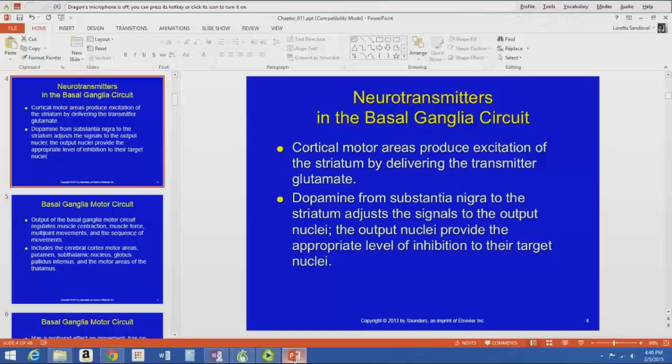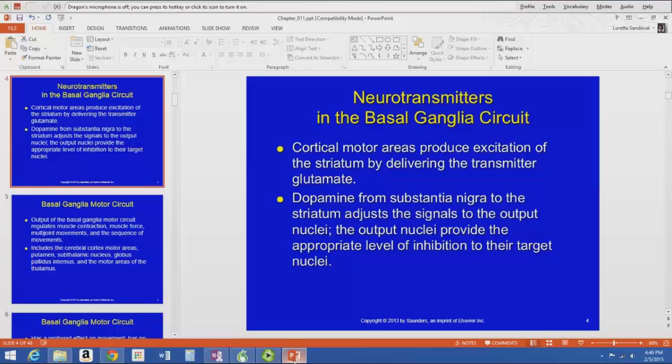In the PowerPoint, again, I have some additional information about the basal ganglia motor circuits, and we'll talk about it a little bit, but I will let you know specifically the level of detail that I want you to know for the exam, for example.